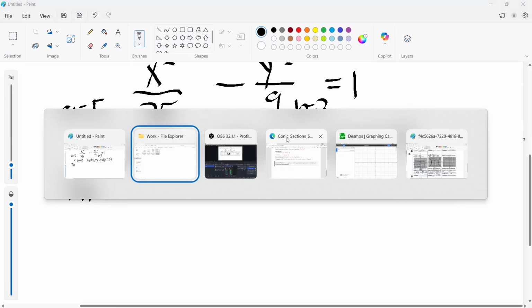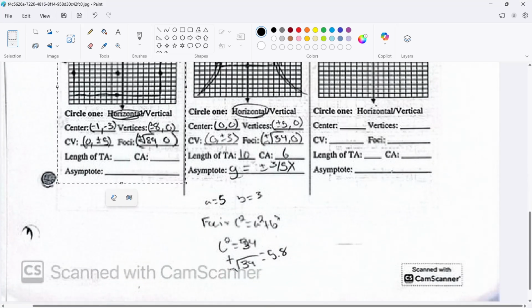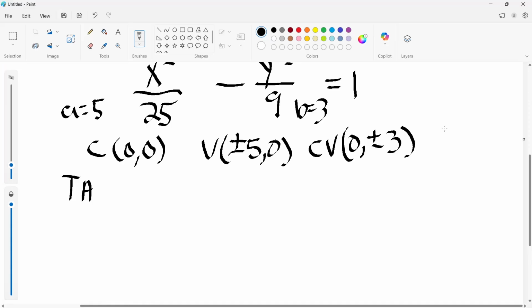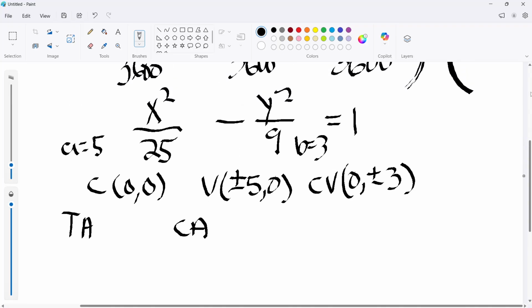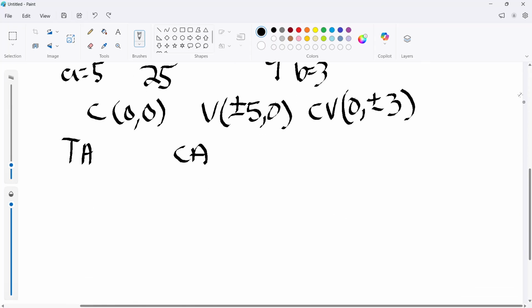What else do I want? Conjugate axis. That was escaping me. Length of the conjugate axis. Transverse axis rather is 2a. So it's going to be 2 times a. 2 times 5 is 10. The length of the conjugate axis, 2 times 3, which is 6.